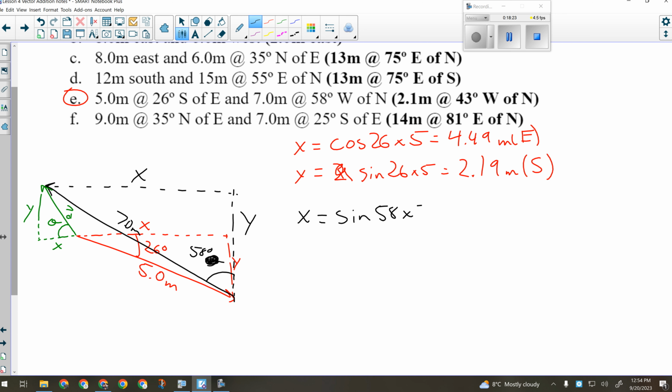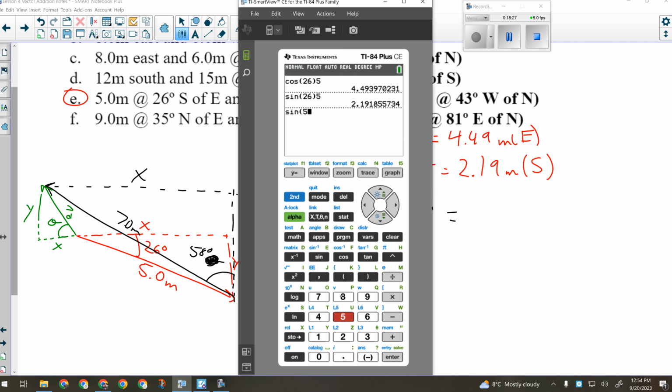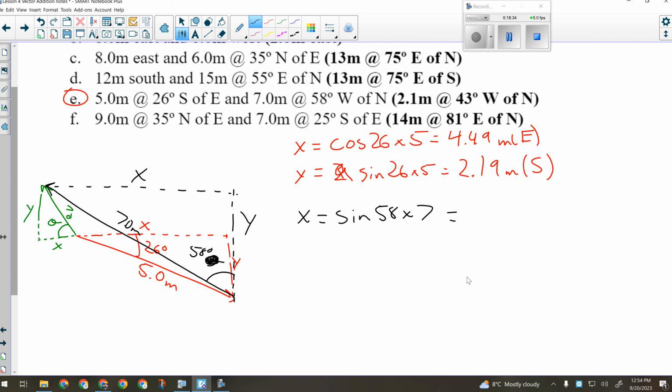So times 7, that is 5.94 meters, and that is west. I did go further west than I went east, so I've got the right numbers in there.